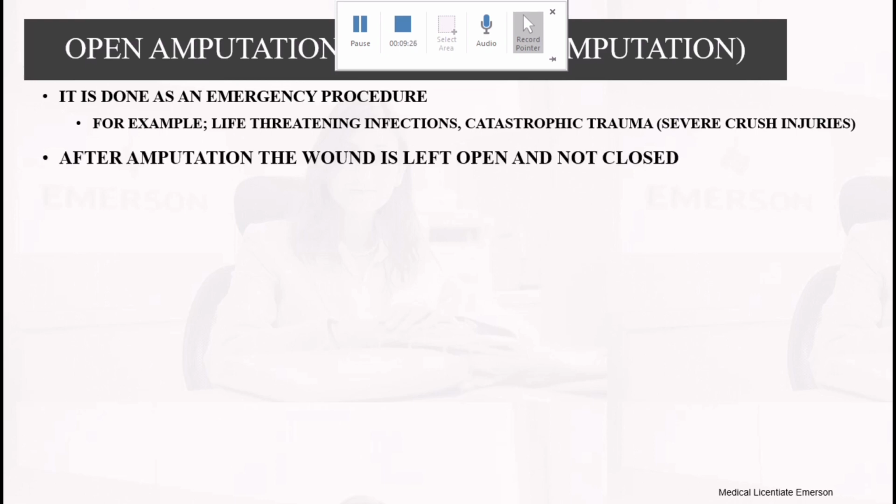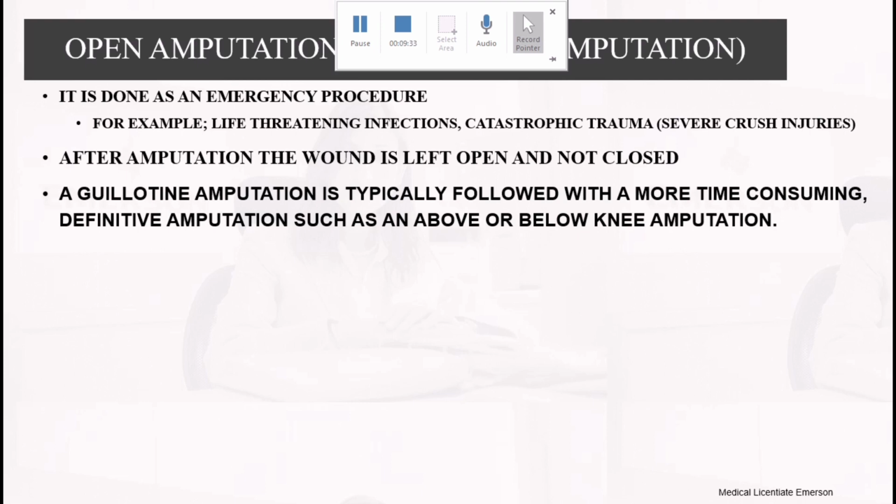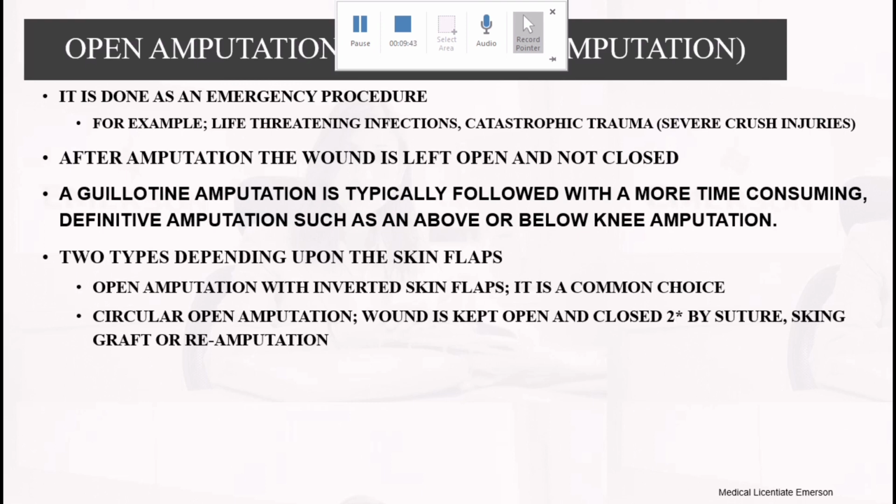After the amputation, the wound should be left open and it shouldn't be closed. Then a guillotine amputation is typically followed with a more time-consuming definitive amputation, such as an above or below knee amputation.